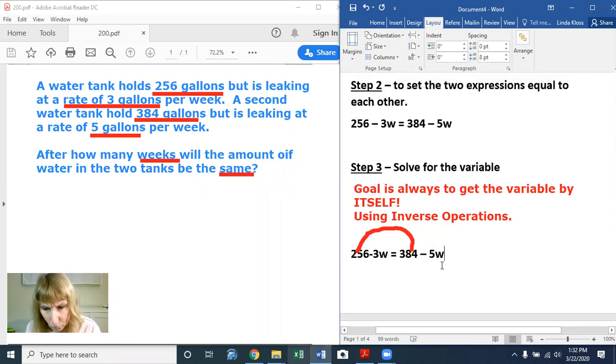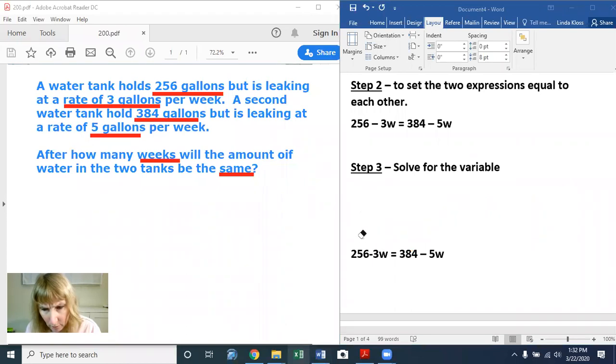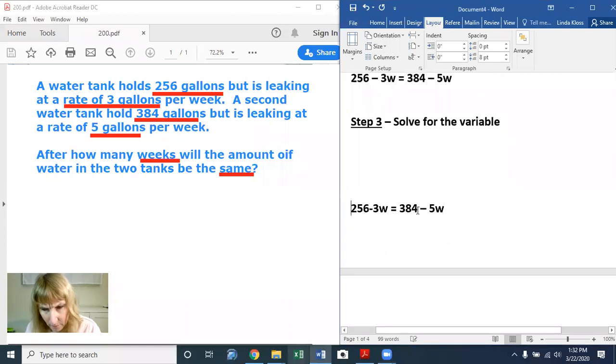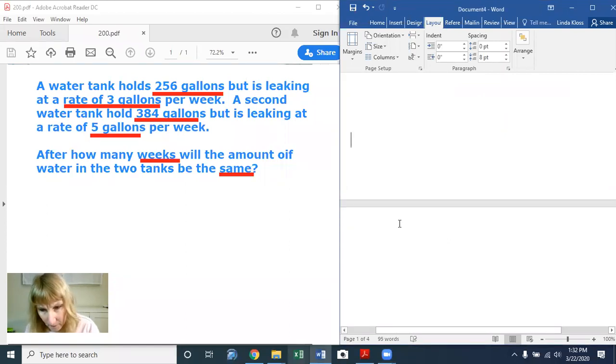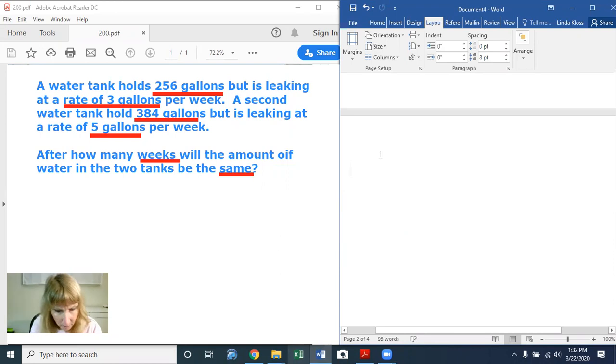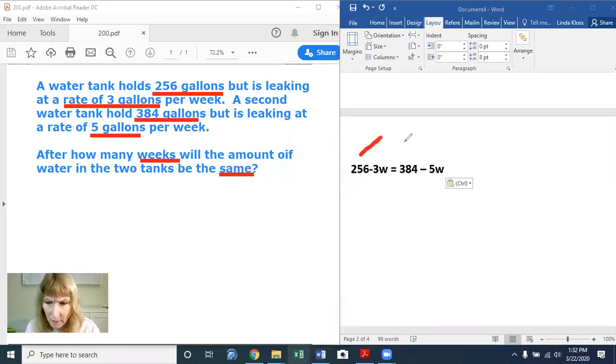I'm going to have to erase because it's going to go down to the next row anyways. So let's just start it on the next row. So we got a lot more space. Here we go. So I want to get my 256 over to this side using inverse operations. To do that, I'm going to do the opposite of adding 256. I'm going to subtract.